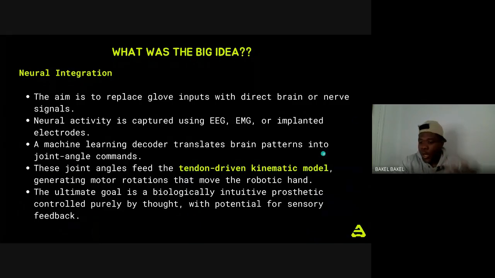The whole idea is to use your brain to control the gloves, but they decided to take another approach. We know there's the brain part, the signal part, the machine learning part, and the part responsible for the actual hand movements. The brain part is completely neurology or neuroscience. The signal part is neuro and signal processing.